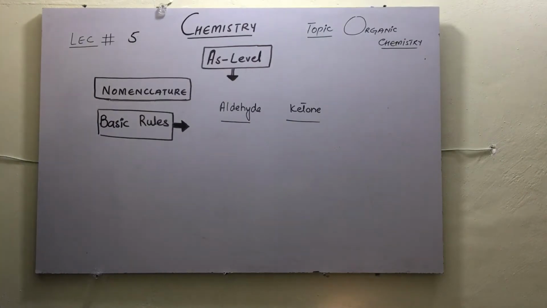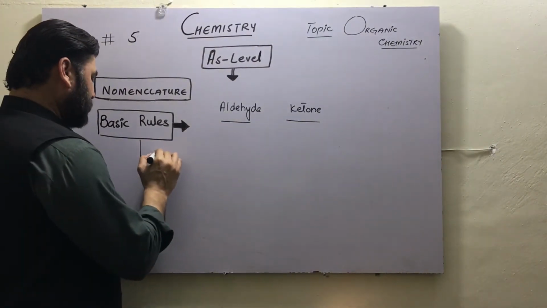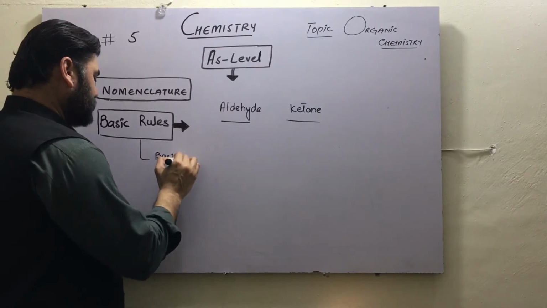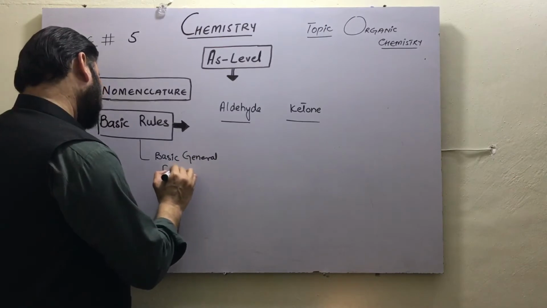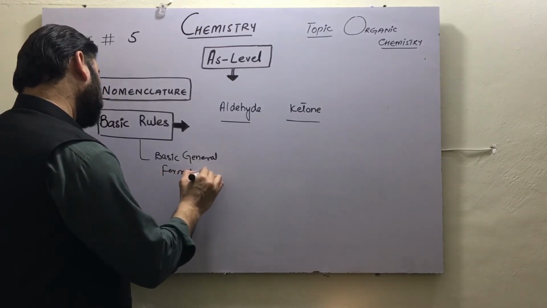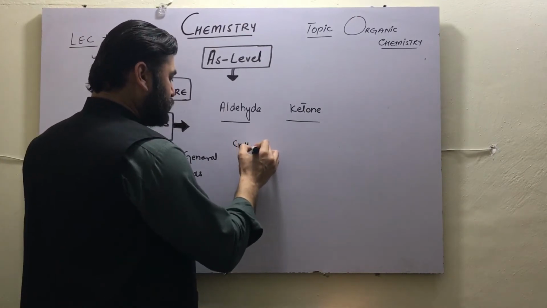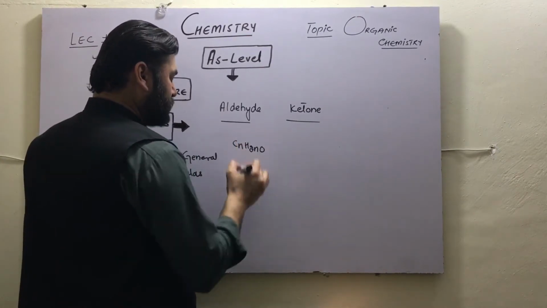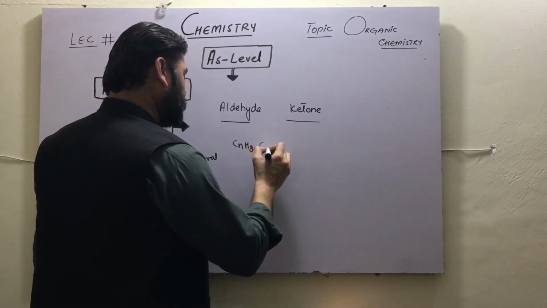So first we will write the basic general formula of these two. It has the general formula CnH2nO. This is the general formula, and this O means oxygen.